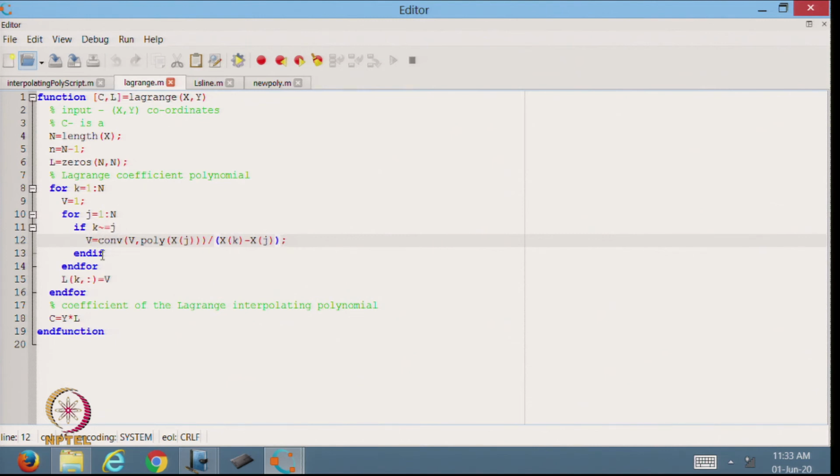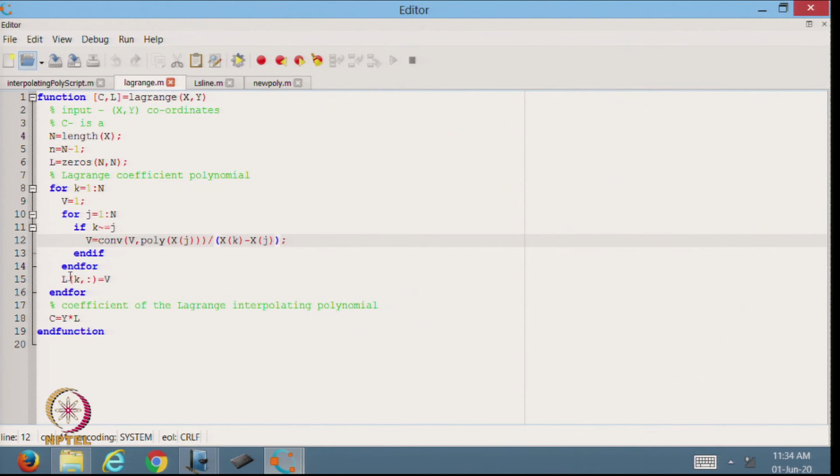So now this if loop is over and then this for loop is over, and then I will write this value of v as a row. Here I have defined L as zeros of n, which means I have defined this as a matrix. So in the matrix if I take Lk and all the columns, I will get the value of v. So I am saving this value in the kth row.